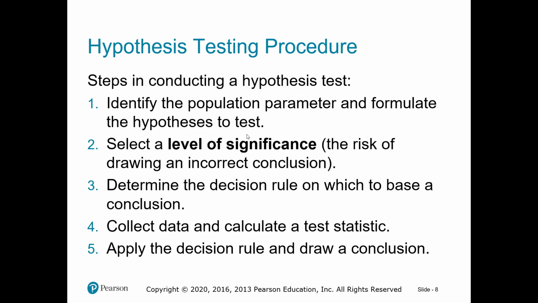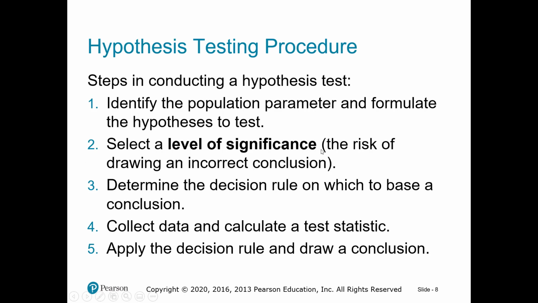So imagine we have two groups of managers, and maybe one group has very strong social networks online using LinkedIn, and one group does not have that strong a social network. We want to look at the difference in performance between the two groups of managers, and our population parameter of interest is the difference between the two means of performance.